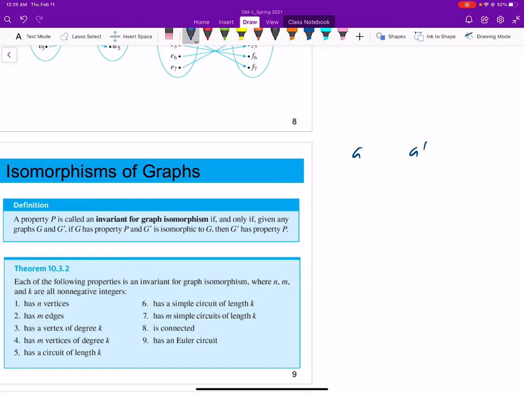A property P is called invariant for graph isomorphism if and only if, given any graphs G and G prime, if G has property P, and G and G prime are isomorphic, that means G prime has property P. Okay, so this is the result.